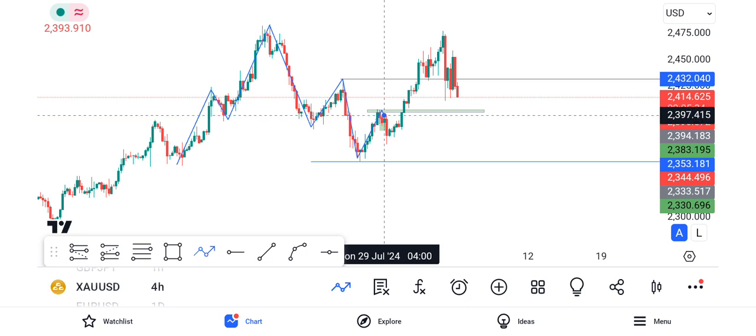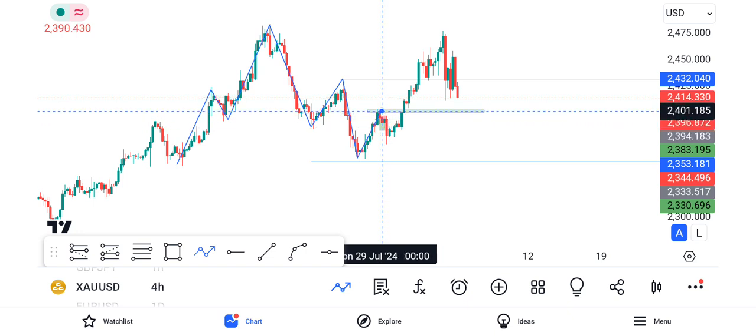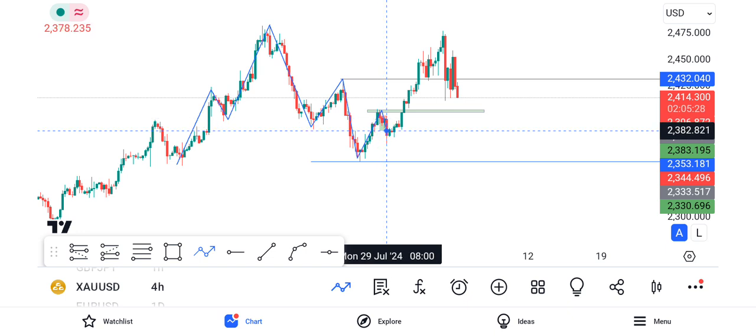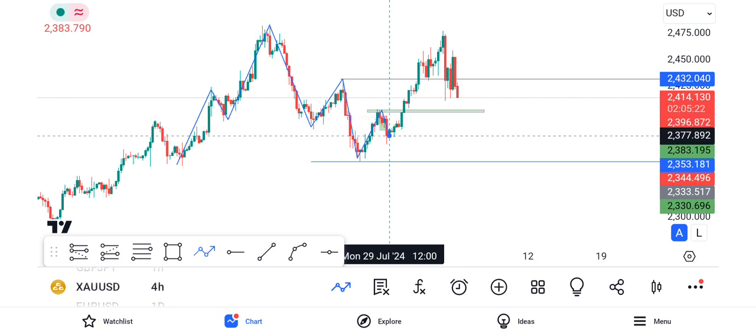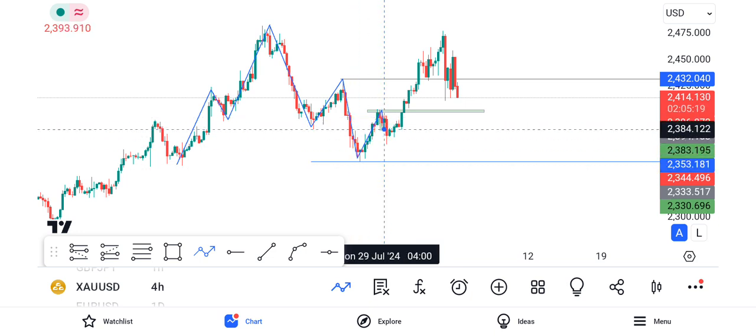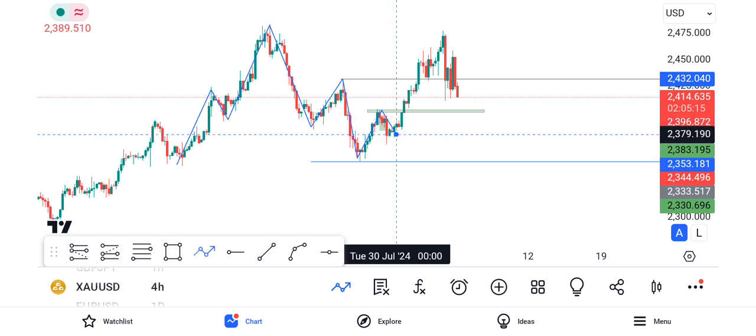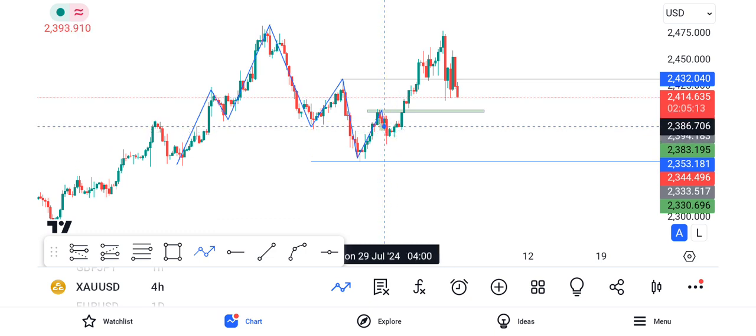But as you can see, it comes to an area of value, a support area. This support can be Fibonacci support, and then it tries to break below this low by giving us bearish momentum, but unfortunately it didn't do that.